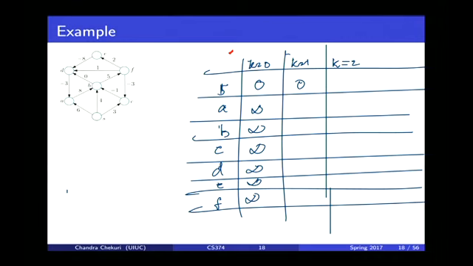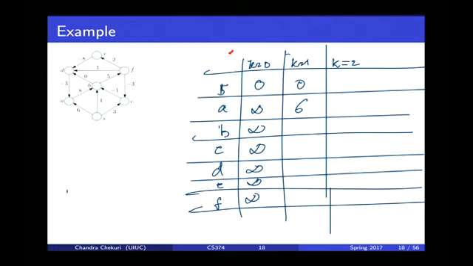What are all the edges coming into A? D and S. So you look at the shortest walk from S to that vertex using 0 edges, and then add the length of that edge. Does it make sense? So for A, everybody other than S is infinity, so it is just 6.